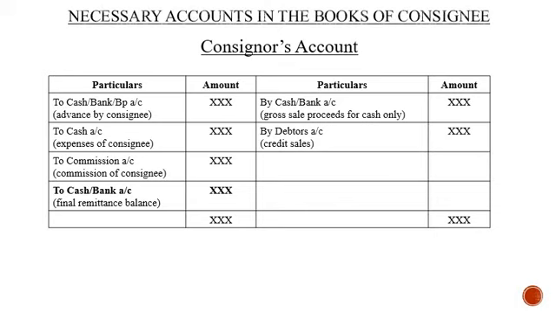Now in case of consignee, that is the agent, apart from keeping various records like stock of goods, how much is the sales proceeds, what is the amount of commission that he has to receive, the number of debtors, what are the expenses that he has incurred, he also has to check out what is the balance of money that he has to pay to the consignor. So he will prepare the consignor's account, that is nothing but the personal account of each consignor that the consignee prepares.